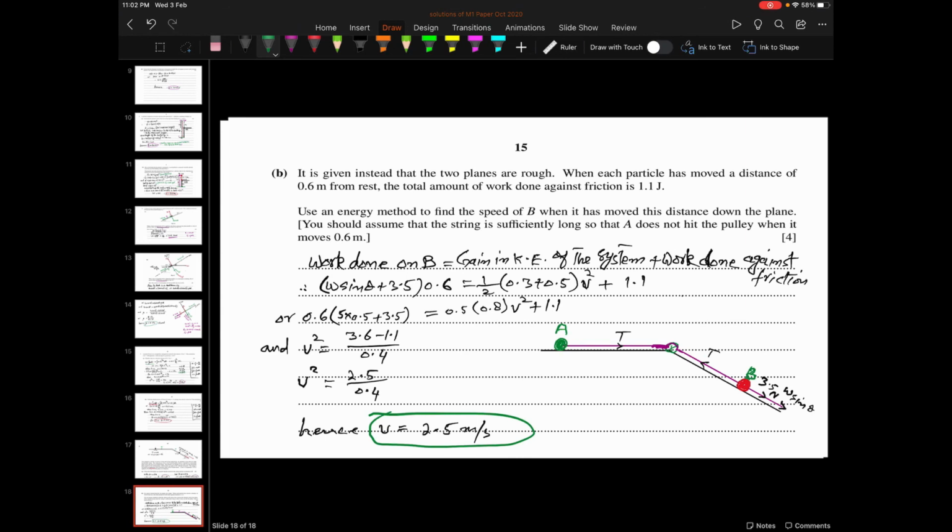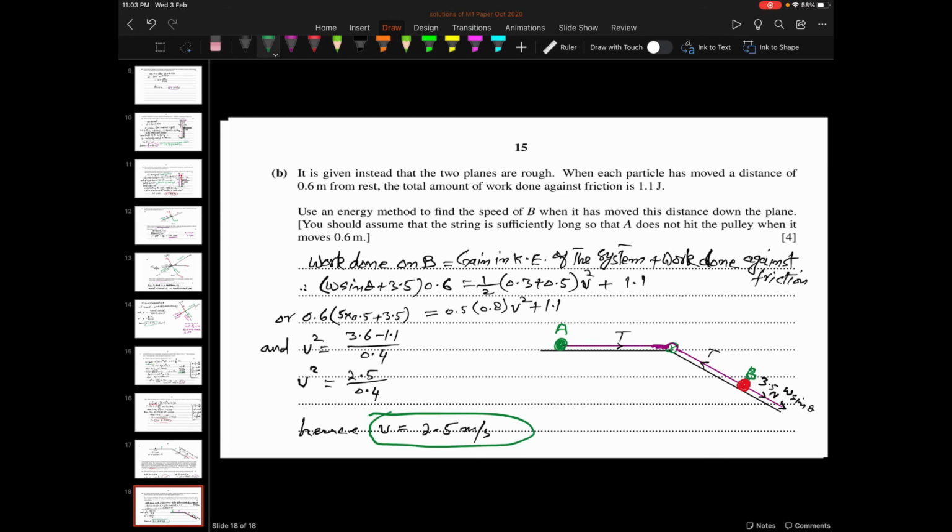Use an energy method to find the speed of particle B when it has moved this distance down the plane. You should assume that the string is sufficiently long so that it does not hit the pulley when it moves 0.6 meter.